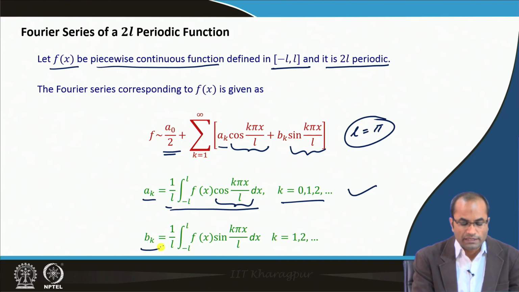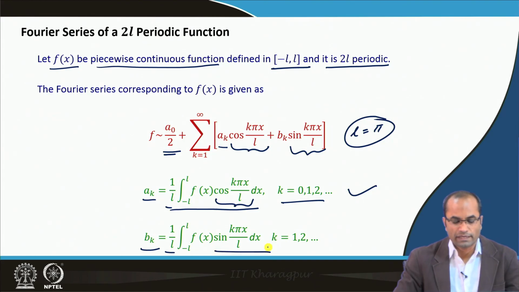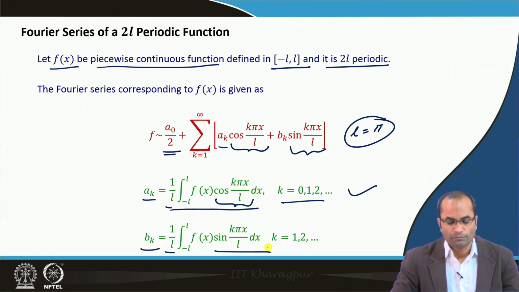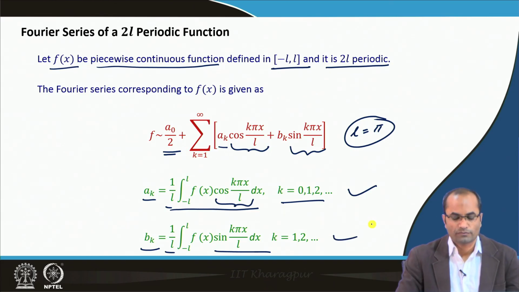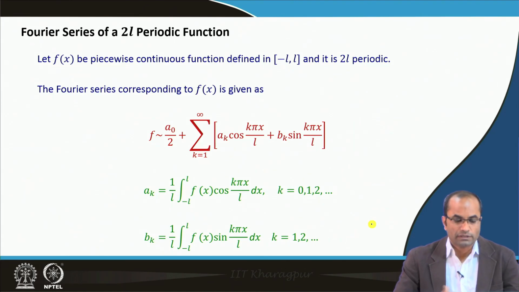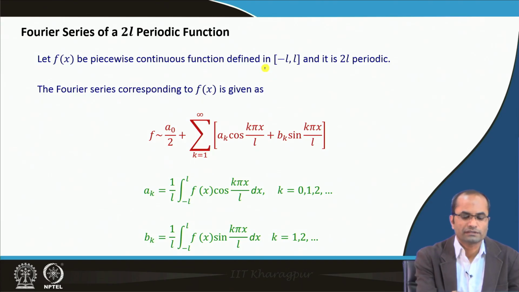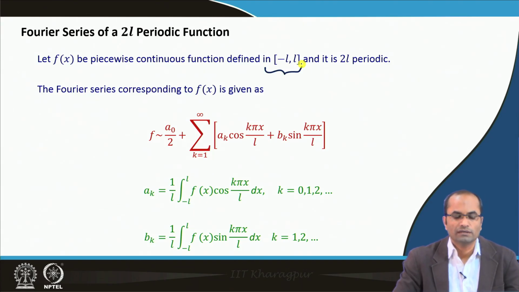The b k is again 1 over L, and then instead of cos we have sin k pi x over L, and then k in this case varies from 1 onwards. So, this is a more general case now: for any 2L periodic function, or a function defined in minus L to L, we can write down the Fourier series.